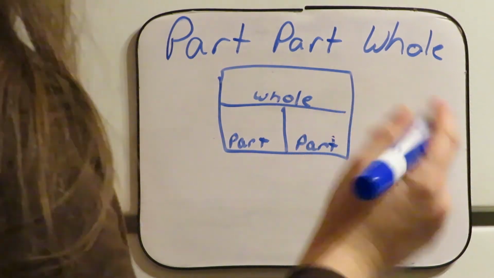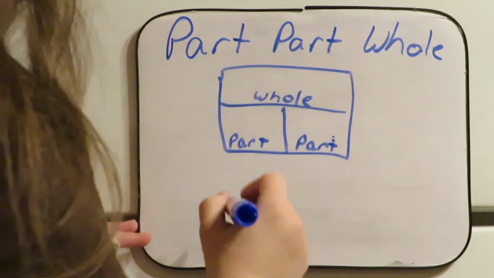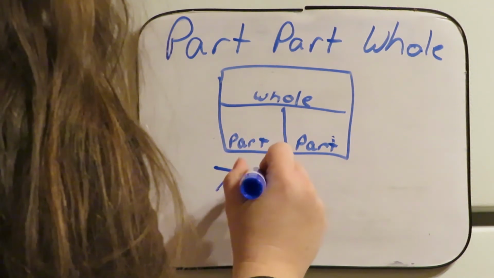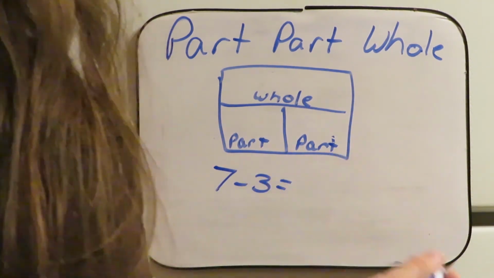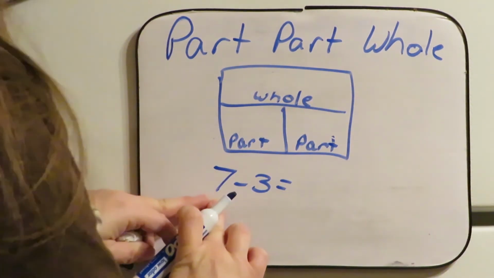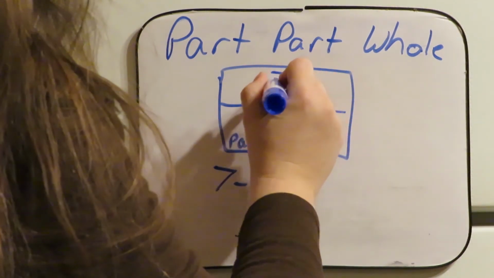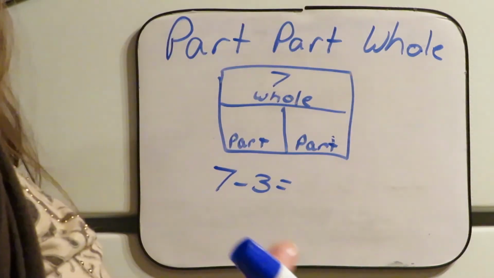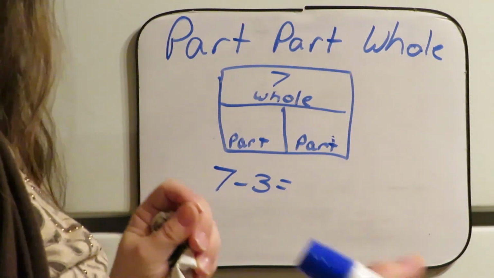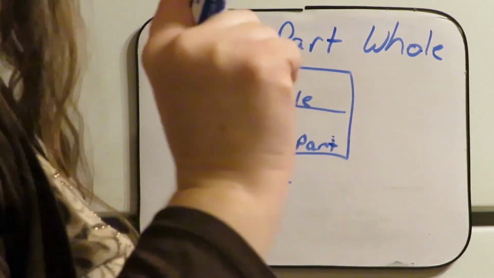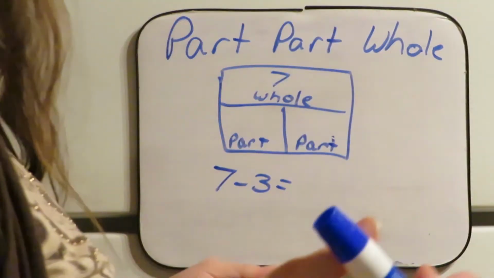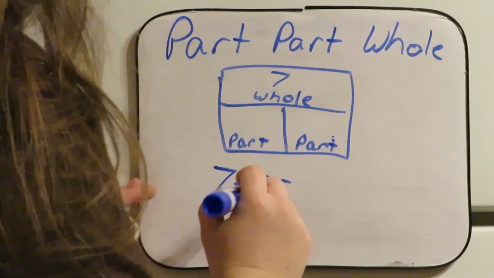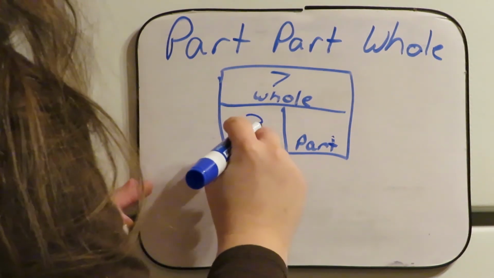Okay, so we use this to solve problems like 7 minus 3. Our whole is 7. Whole means an entire thing, not parts, not pieces, not a little bit of it, all of something. 3 is 1 part.